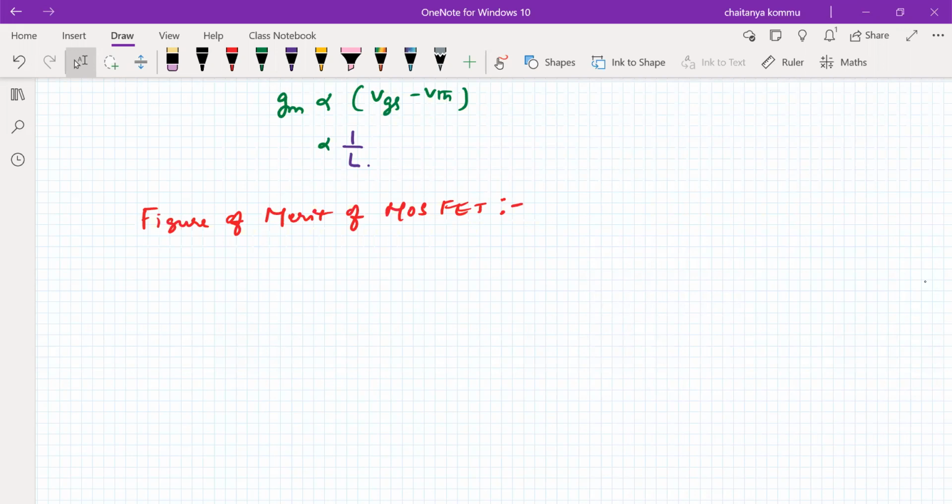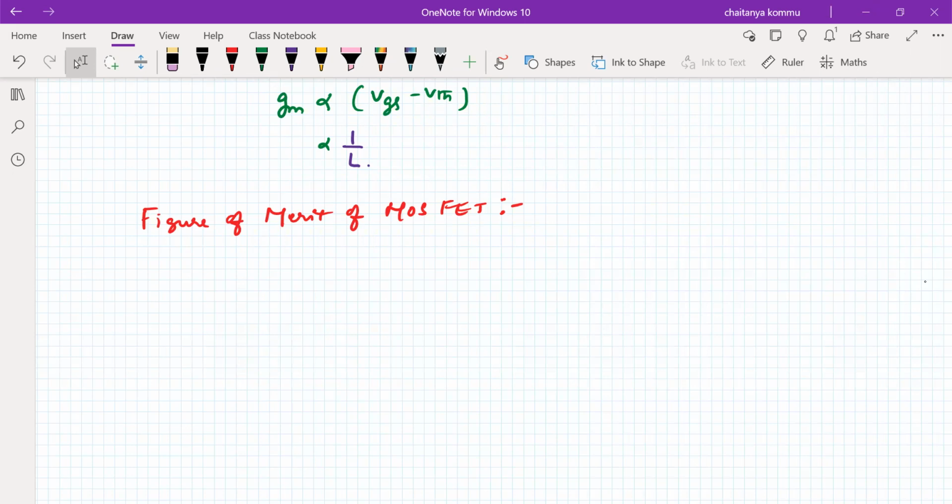The switching speed means how fast the transistor will take the input and convert it into current, that is, how fast it will switch from one state to another, on to off or off to on. In order to identify this, we should know the frequency response of a transistor.